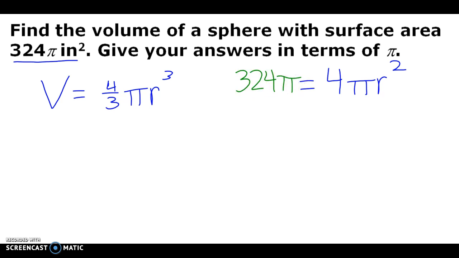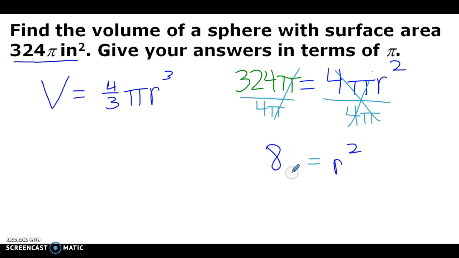How do I get r by itself? What should be my first step? Cancel out pi, and let's go ahead and divide out the 4 too. So divide by 4 pi. What happens when you divide pi by pi? They cancel. So really what you're just doing is 324 divided by 4. You don't need to put the pi's in your calculator because we know those cancel. 324 divided by 4 is 81.